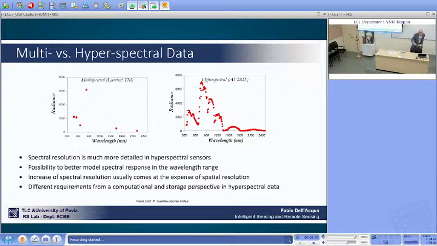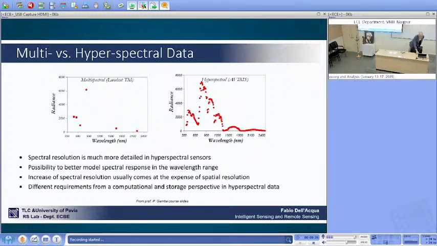For example, this is a simple comparison in terms of samples. If you have multispectral data, the response of a certain object is one sample here, one sample there, et cetera, and the rest you have to guess. When you have hyperspectral data, you draw the curve much more densely.